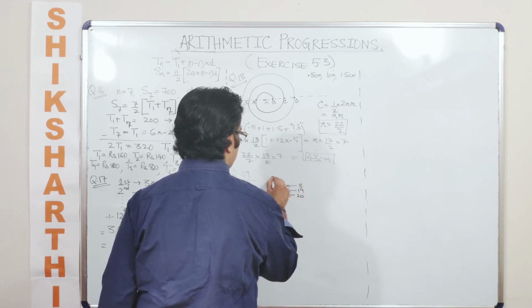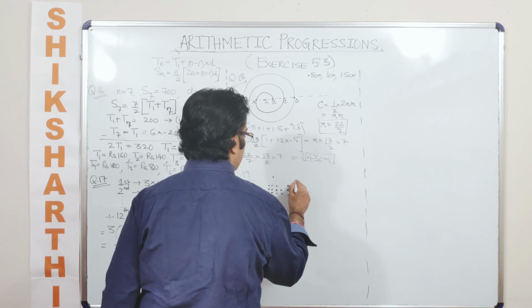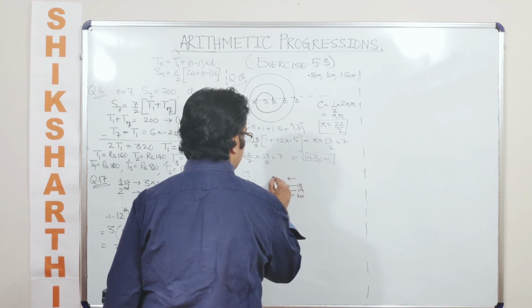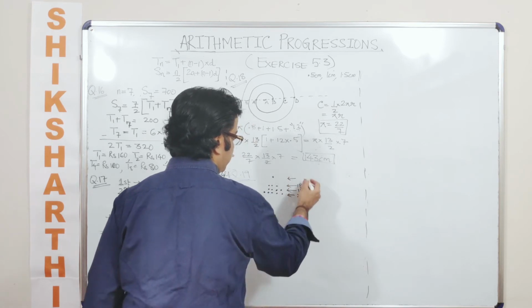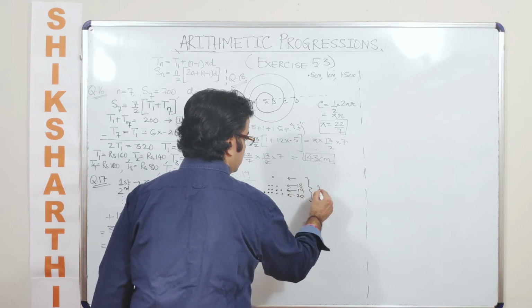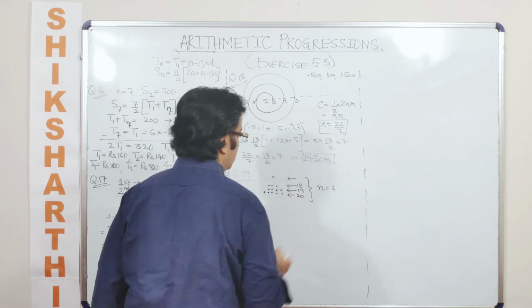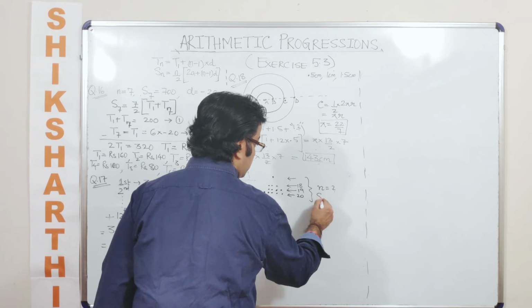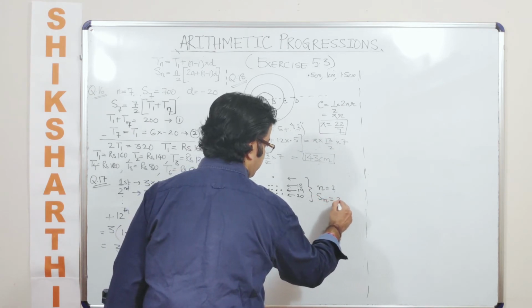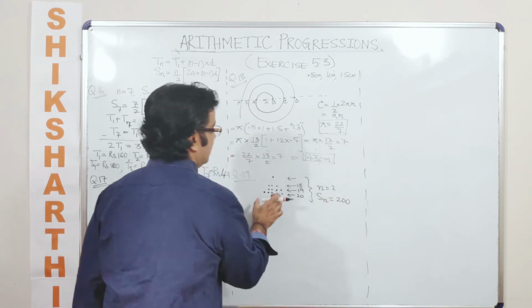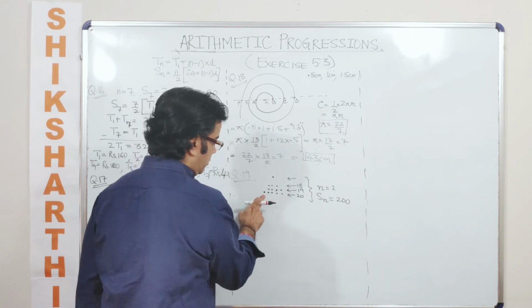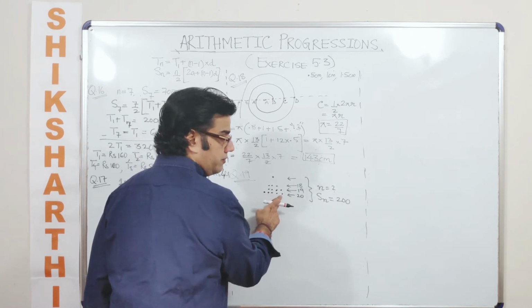And this is how it goes on. And then how many logs in the topmost row? So we do not even know how many rows. Do we know the value of n here? No. Do we know the sum of all these logs? Yes, we know the sum of all these logs as 200 logs. So this is just figurative. I mean, you will not say that 1, 2, 3, 4, 5, there are only 5 logs.